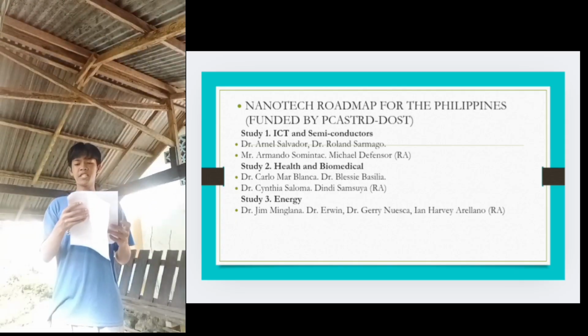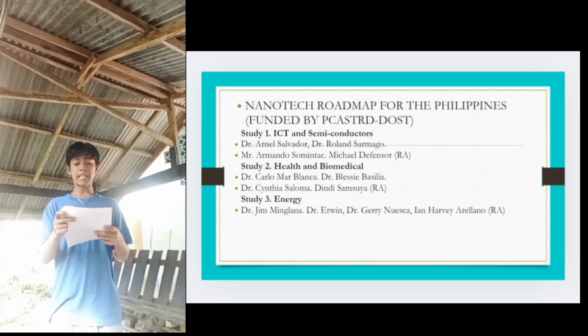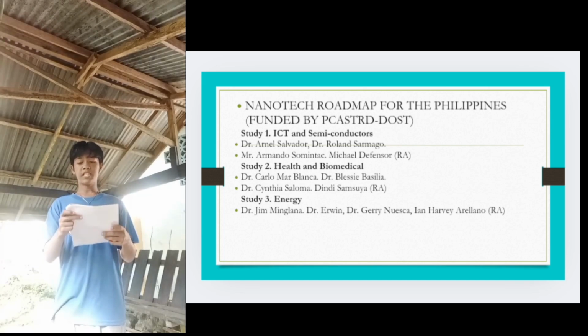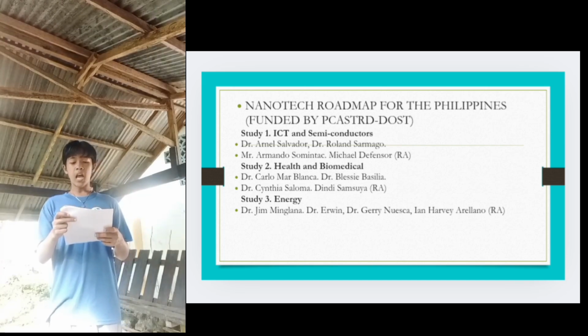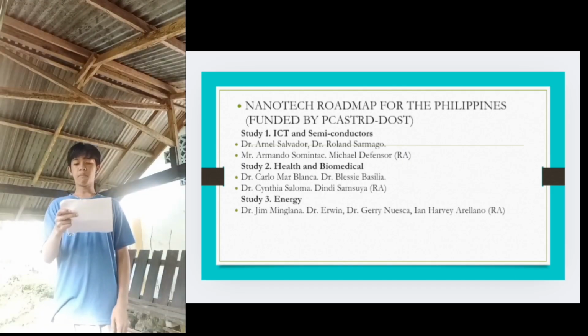This research focuses on making smaller, faster, and more efficient electronic devices using nanotechnology. Example, developing nanochips that make computers and cell phones run faster with less power.